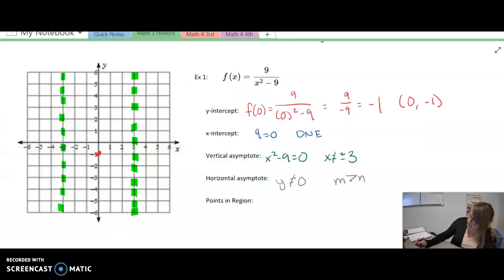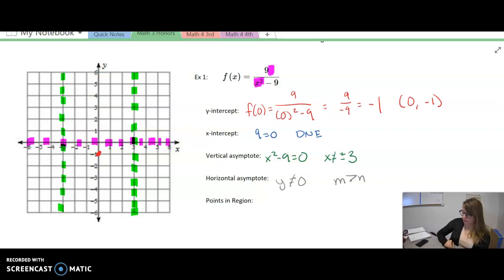So if you used your asymptote facts, you would have recognized that m is greater than n, m being the exponent here and n being the exponent here. So 2 is greater than 0, so we have a horizontal asymptote at the x-axis.